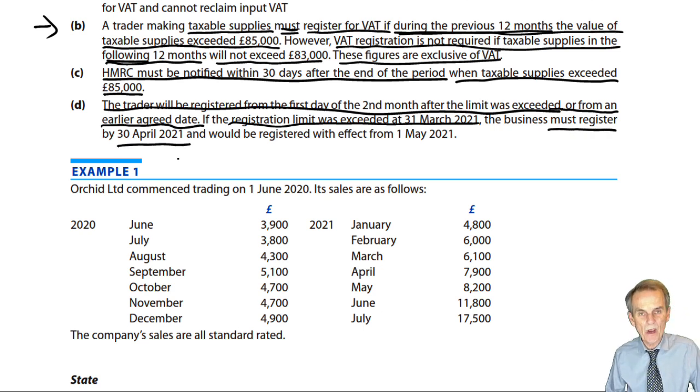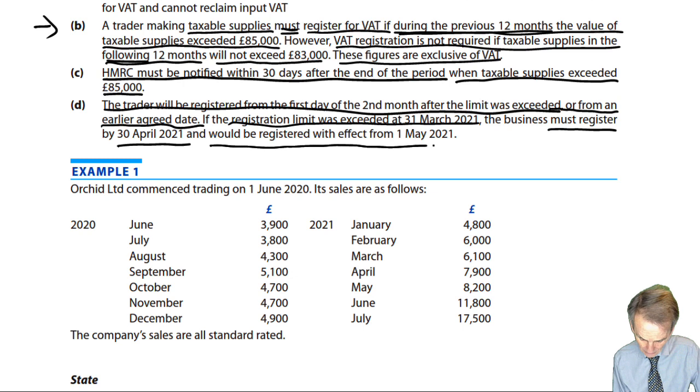So there we go, within 30 days. You must register within 30 days. And it would be registered with effect from the 1st of May. So we've exceeded the level of £85,000 of taxable supplies within a 12-month period to the 31st of March 21.